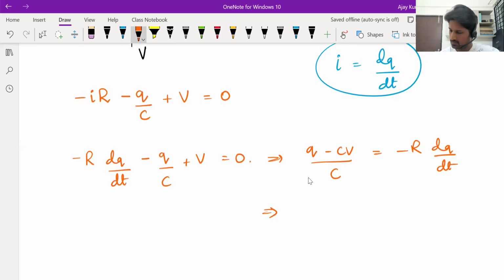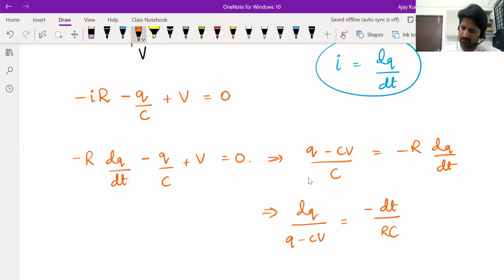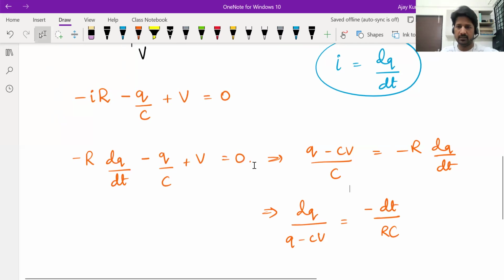And then you can write dq divided by q minus CV is equal to minus dt divided by RC. I just adjusted this equation. This minus R was sent to the denominator here, dt is sent to the numerator here, and the q minus CV goes to the denominator here, such that all the q terms are on one side and t terms are on the other side.